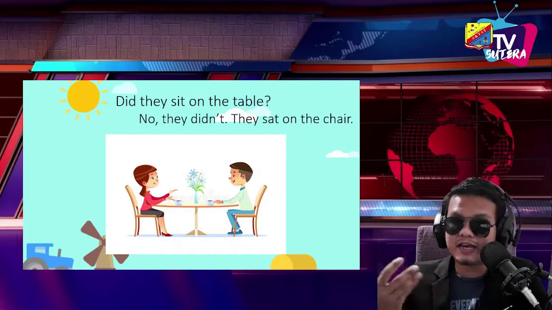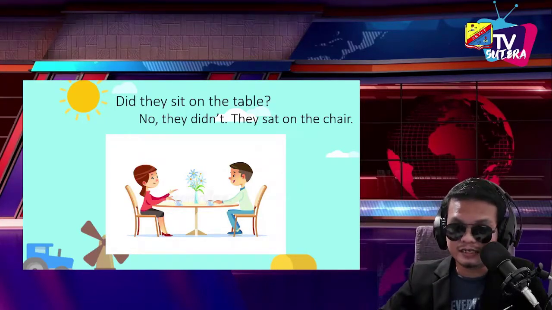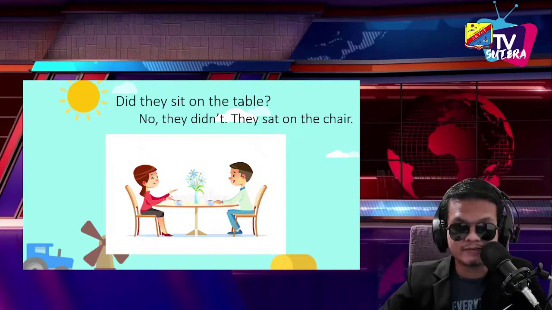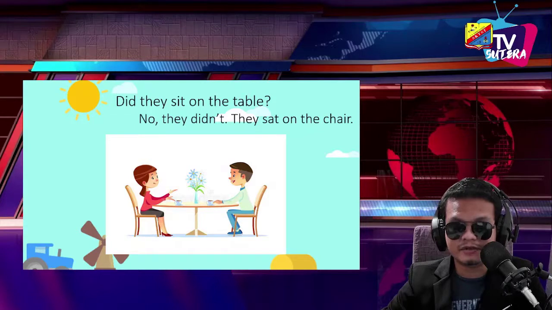But if you want to add some detail, you can say no, they didn't. They sat on the chair. So if you see here, with did we use the original verb. Did they sit on the table? Sit is a verb. So we answer no, they didn't.